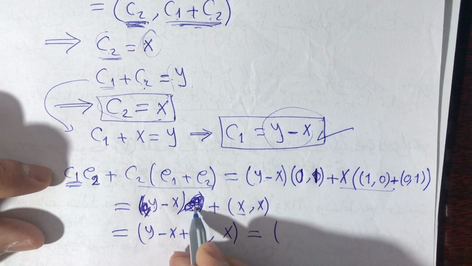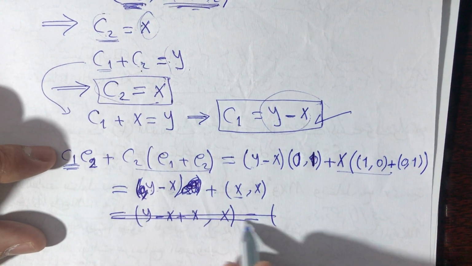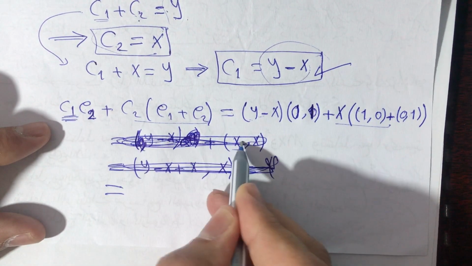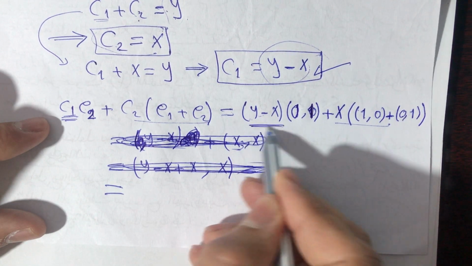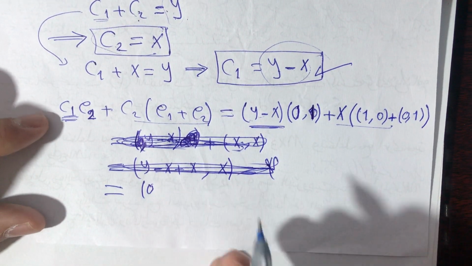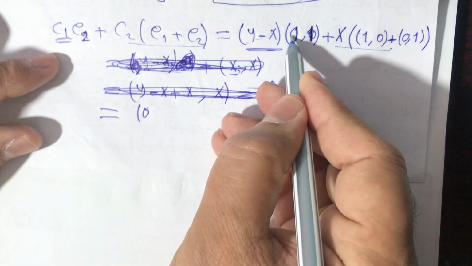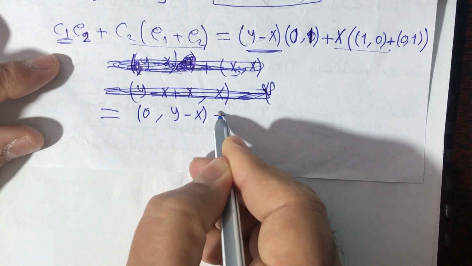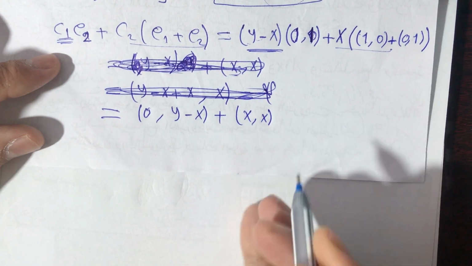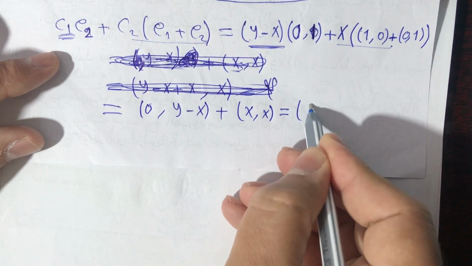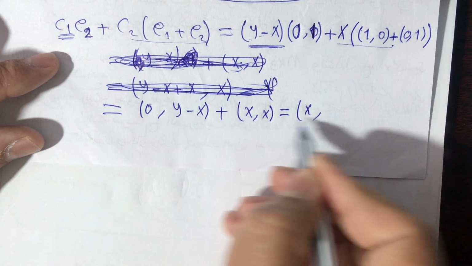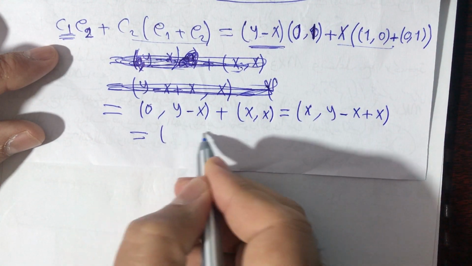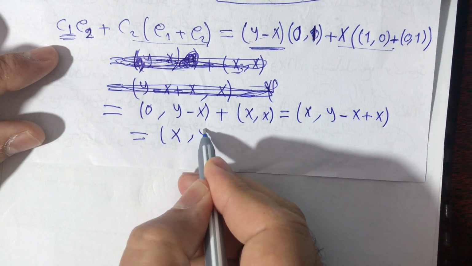Okay, I will repeat it: this is 0, here (y minus x) times (0, 0) and y minus x times 1 will be y minus x, plus this will be x, x, and now sum them, x, and here y minus x plus x, and this will be equal to x, and minus x plus x will be 0, giving (x, y).